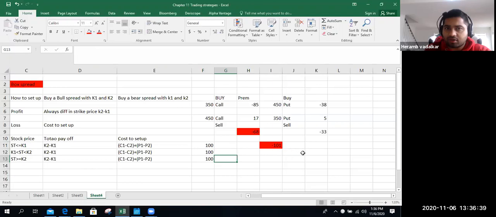Right now, this strategy is not profitable because to set it up, you have to pay 101 bucks to buy one call, sell one call, buy one put, sell one put. And the profit is 100 bucks. So you will lose money right now, $1.